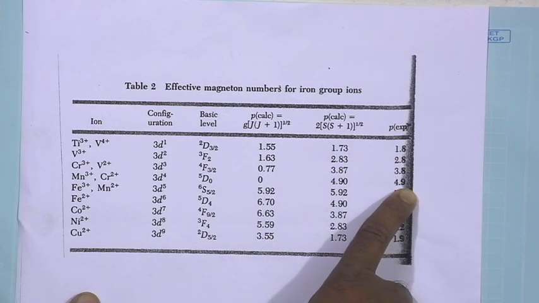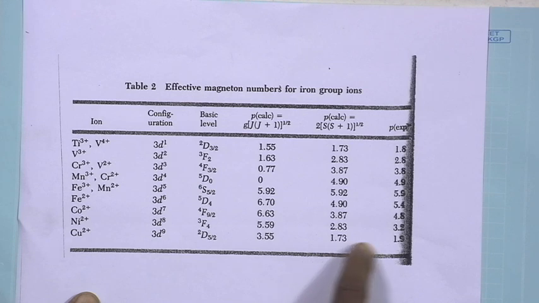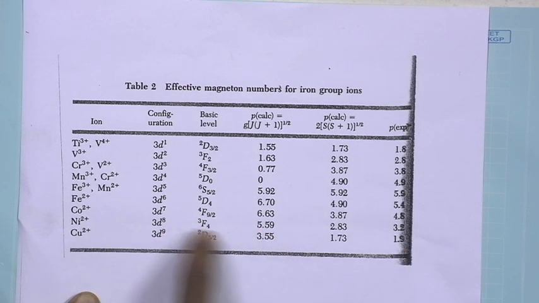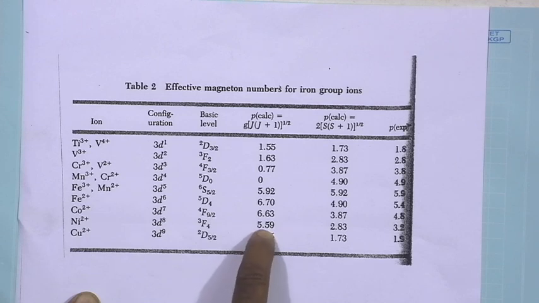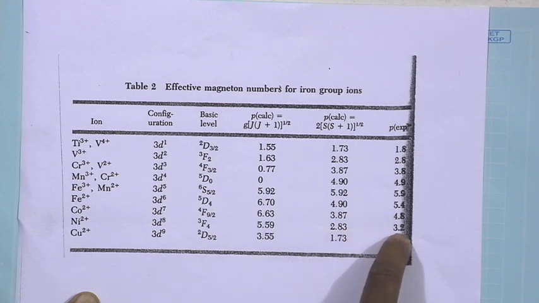So, here you can see this is 3.55, this is 1.73, but experimental is 1.9. This is in case of nickel ion. Then 5.59, this is 2.83 and this 3.2. Okay.